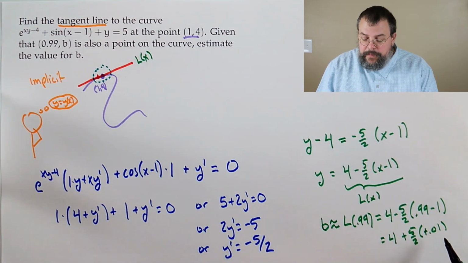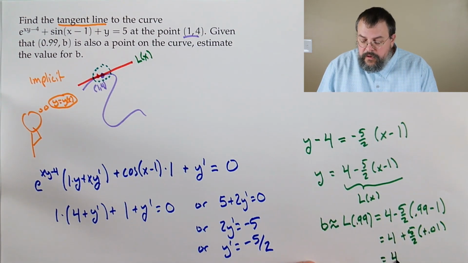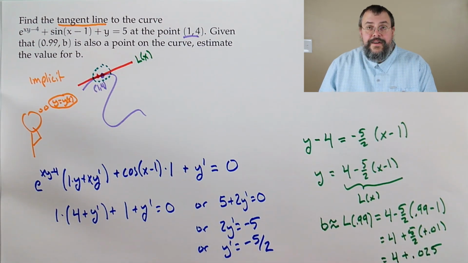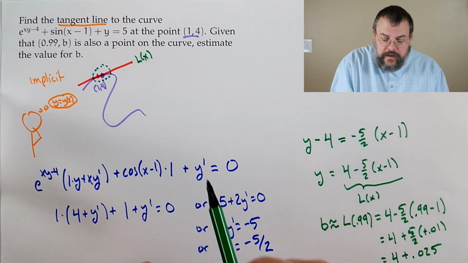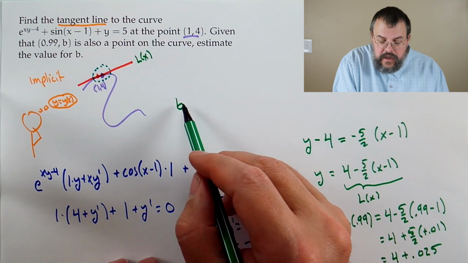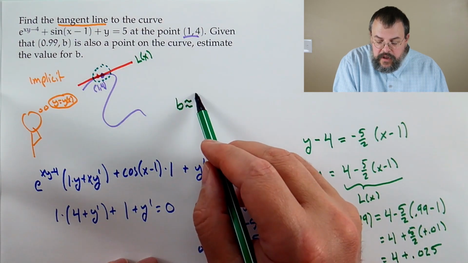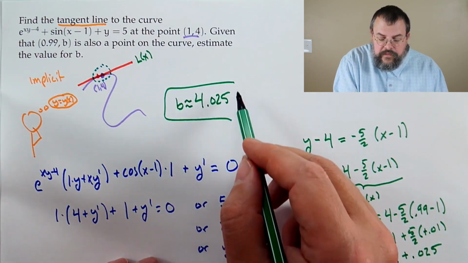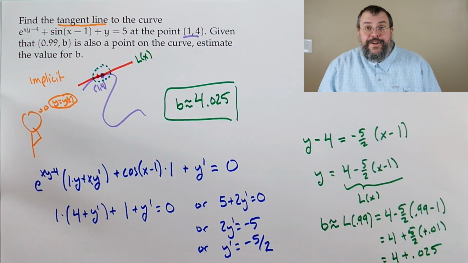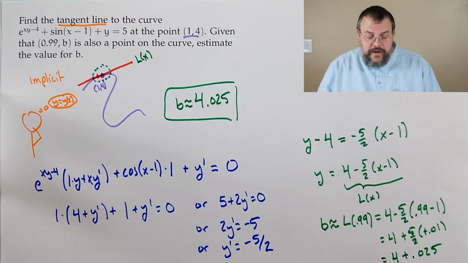And then times it by 0.01, this becomes 4 plus 0.025. And therefore, we come to the conclusion that our estimate for b should be approximately 4.025. So that's what should happen to our point. And so there we go.